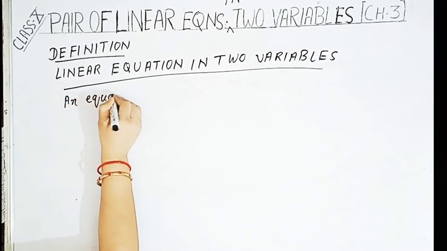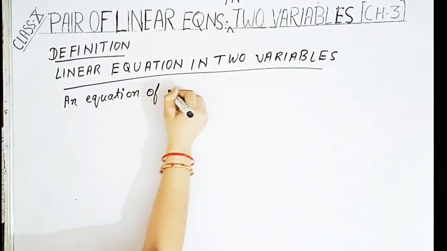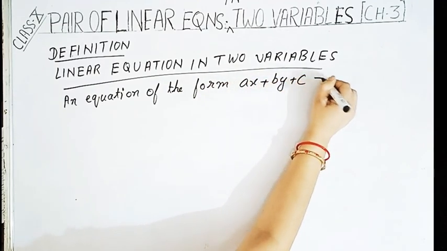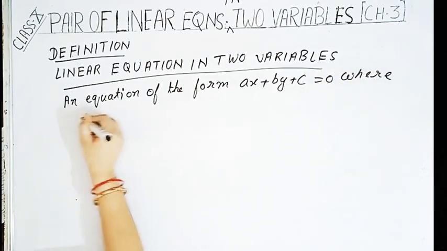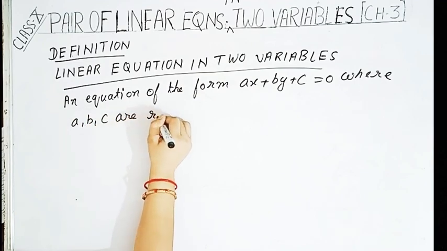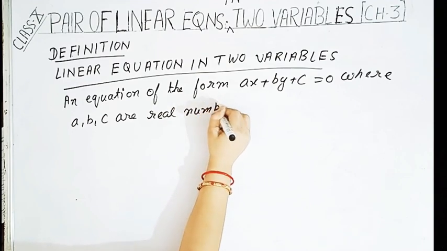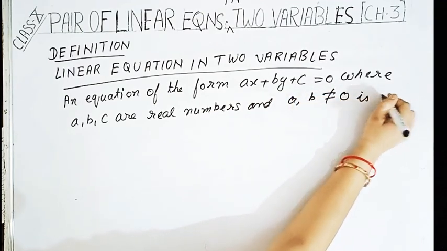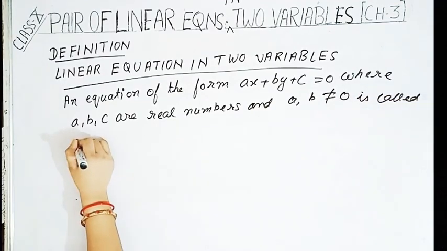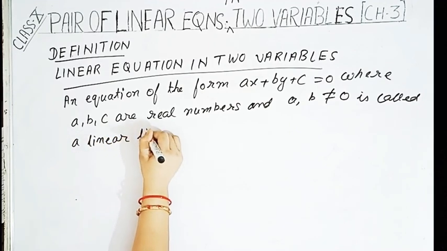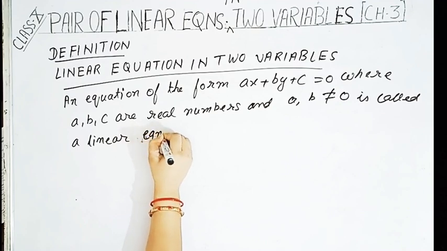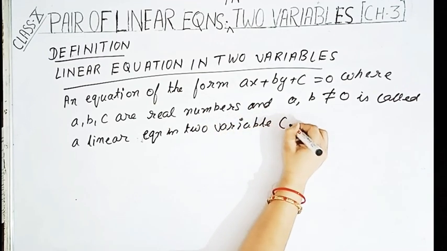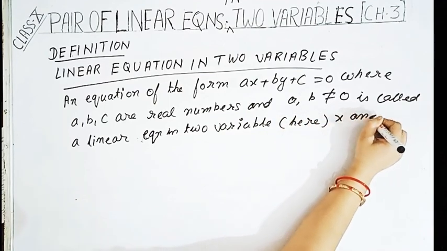An equation of the form ax plus by plus c equals to 0, where a, b, c are real numbers and a, b not equals to 0, is called a linear equation in two variables, here x and y.